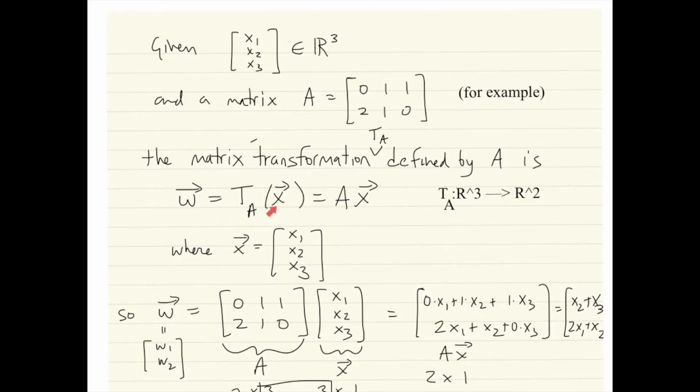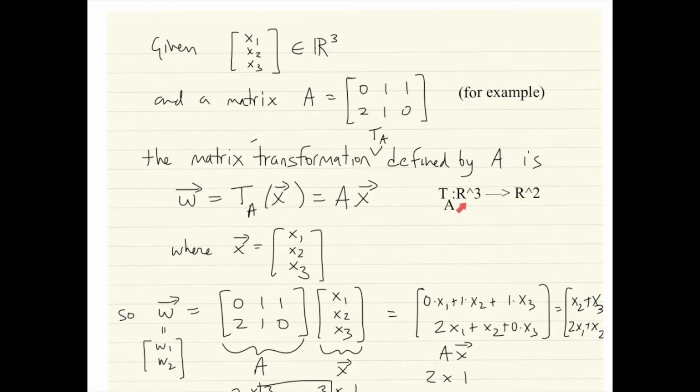You give me this column vector x here as input, and the output is the matrix multiplication of A, this matrix A, times x, this matrix x here. In other words, this transformation, which our book denotes T sub A, where A is the associated matrix. Again, here's just one specific example of such a matrix. For every matrix, there's an associated matrix transformation.